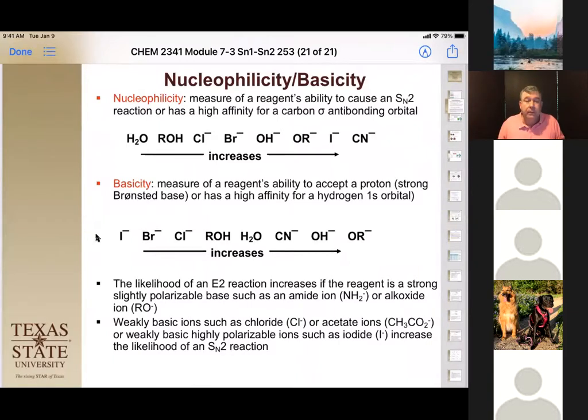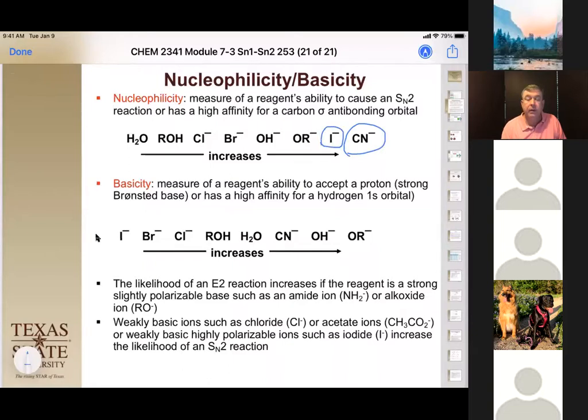So nucleophilicity in our SN2 reaction, if you remember, hopefully, is that high affinity for carbon to form that bond, that is the backside of the sp3 hybridized bond that's holding onto your leaving group, okay? So that means the things that are good nucleophiles are negative charges.